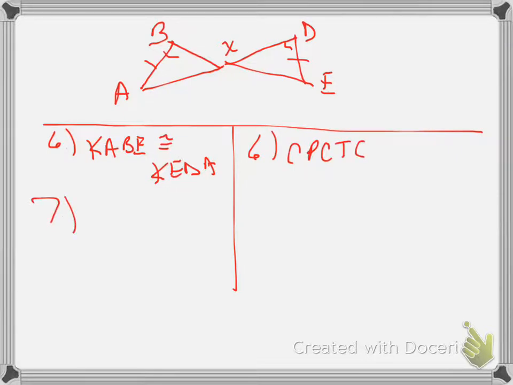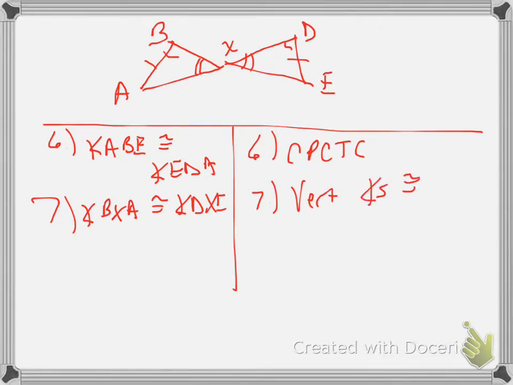We're out of CPCTC. We've already used it. There's nothing else that can help me here. Well, what do I have here? Well, again, I can call my other best friend. These right here look like vertical angles. I know my drawing's horrible, but angle BXA is congruent to angle DXE by vertical angles.